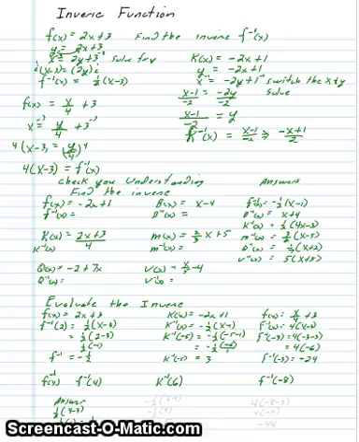The inverse of k evaluated at 6 is negative 1/2 times 6 minus 1. 6 minus 1 is 5. So that's negative 5 over 2.